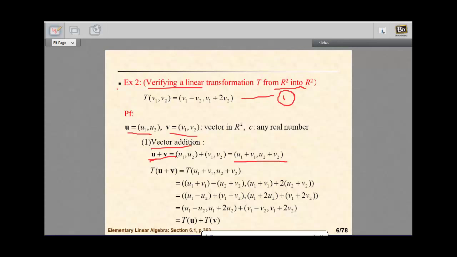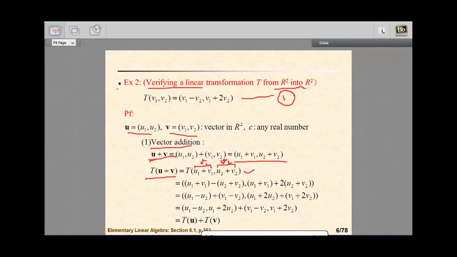On the left side, you can write the transformation of u plus v. On the right side, you apply the transformation like this. Let us assume this part will be v1 and this part will be v2.